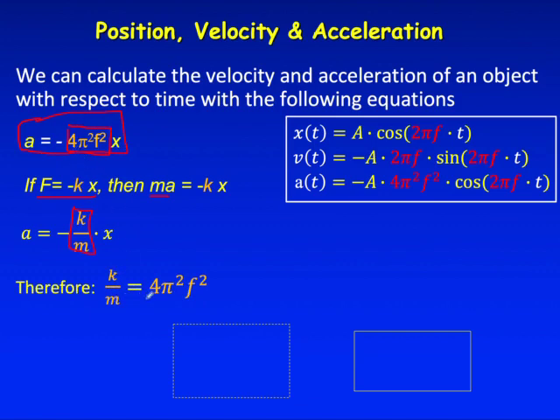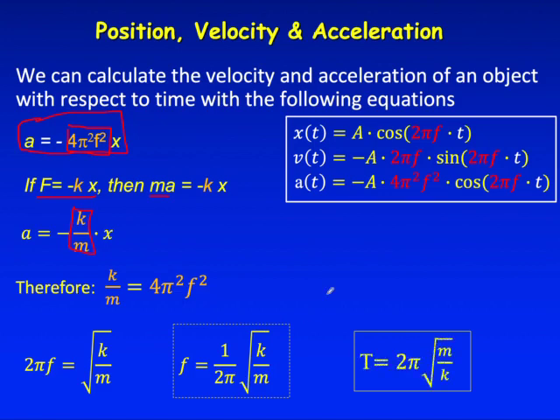In other words, k over m must be equal to 4 pi squared f squared, which means we can rearrange that slightly. Take the square root of both sides. The square root of this side becomes 2 pi f, and the square root of this side becomes just square root of k over m. And rewriting that just slightly, we can solve for the frequency of a mass spring oscillator. The frequency of a mass spring oscillator is just 1 over 2 pi times the square root of k, the spring constant, divided by whatever mass you have hanging on that spring.